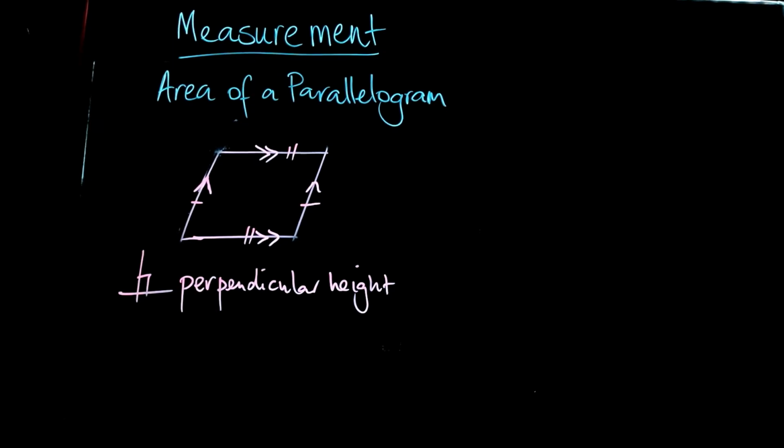Okay, so I'm just going to change the color of my pen in here, and somewhere in here I'm going to draw a dotted line inside the shape and put a little right angle there. Now, that line could be outside the shape, just as an imaginary line with a dotted line there. But that's the height we need.